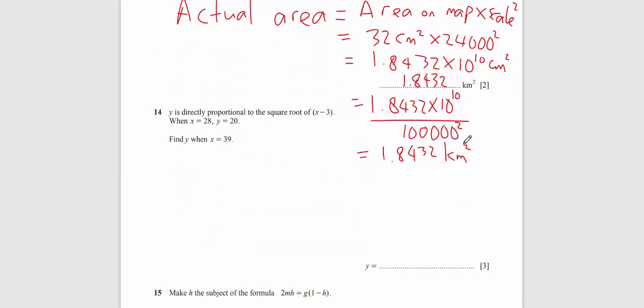And then let's look at number 14. If y is directly proportional to the square root of x minus 3, when x is 28, y is 20. Find the value of y when x is equal to 39.